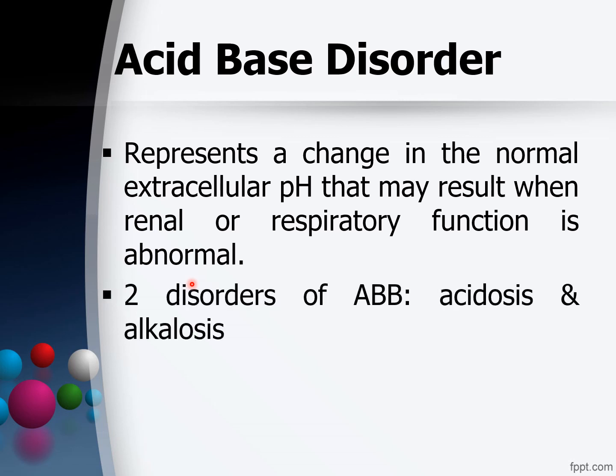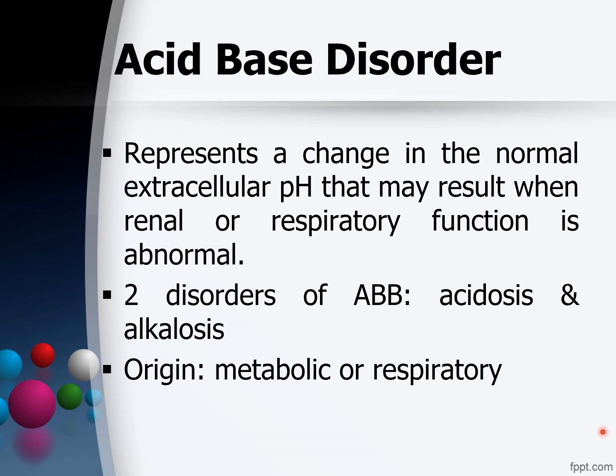There are two disorders of the acid-base balance, and these include the acidosis and the alkalosis. When we say acidosis, that is too much acid or not enough base in the blood. When we say alkalosis, that is too much base or too little acid in the blood.